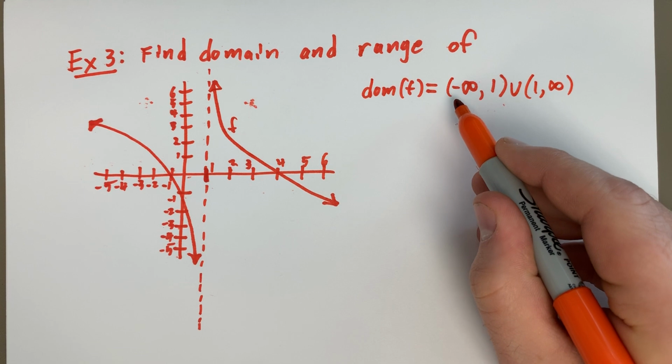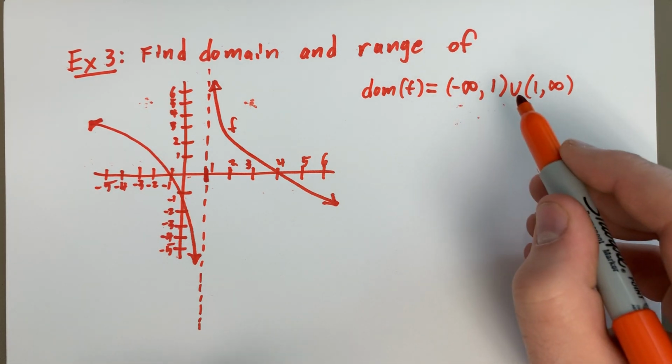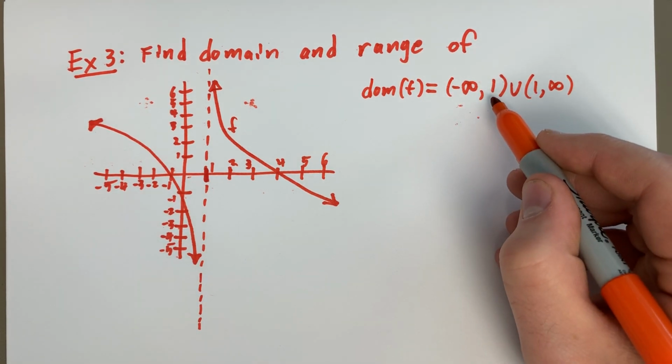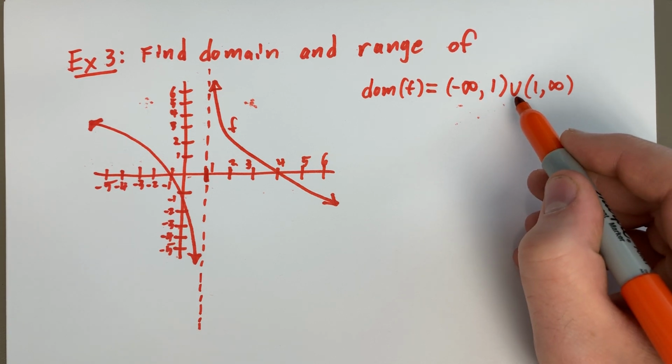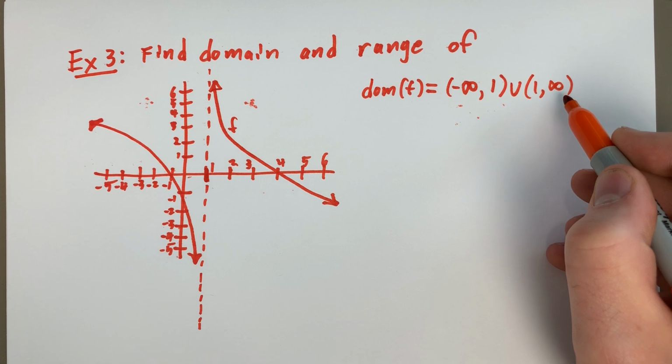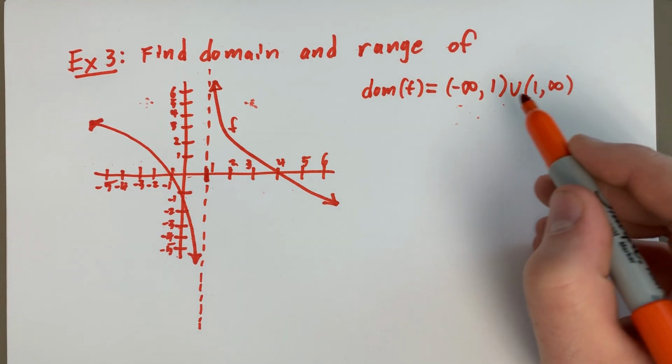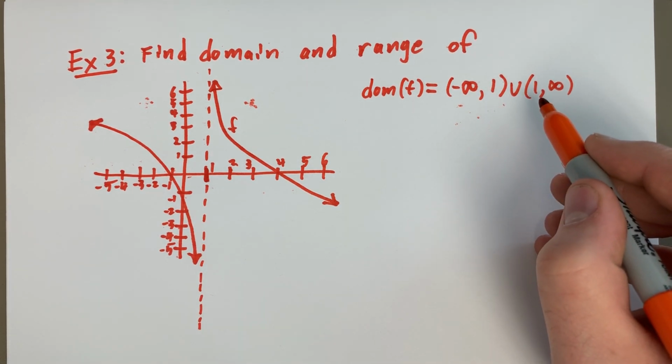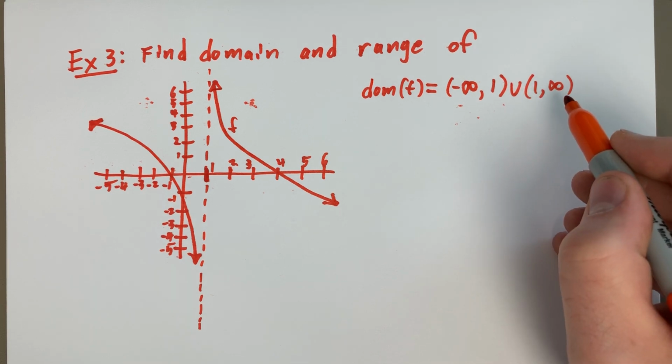So basically, I started at minus infinity, went to 1, stopped. The union says, okay, I'm going to pick up again at 1 and go to infinity. Stopped at 1, picked up at 1, and then go to infinity.